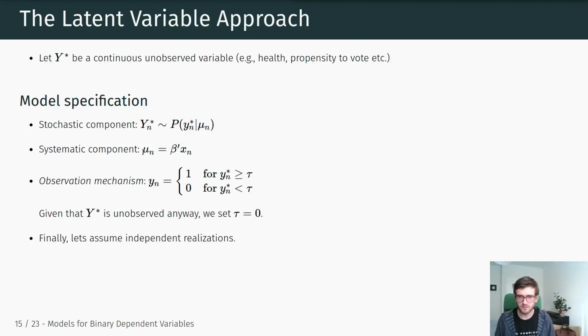Okay. So given that y star is unobserved, right? We can't measure it. It's just a latent measure that is implicit in our model. That means that essentially this tau, this threshold, is arbitrary, right?